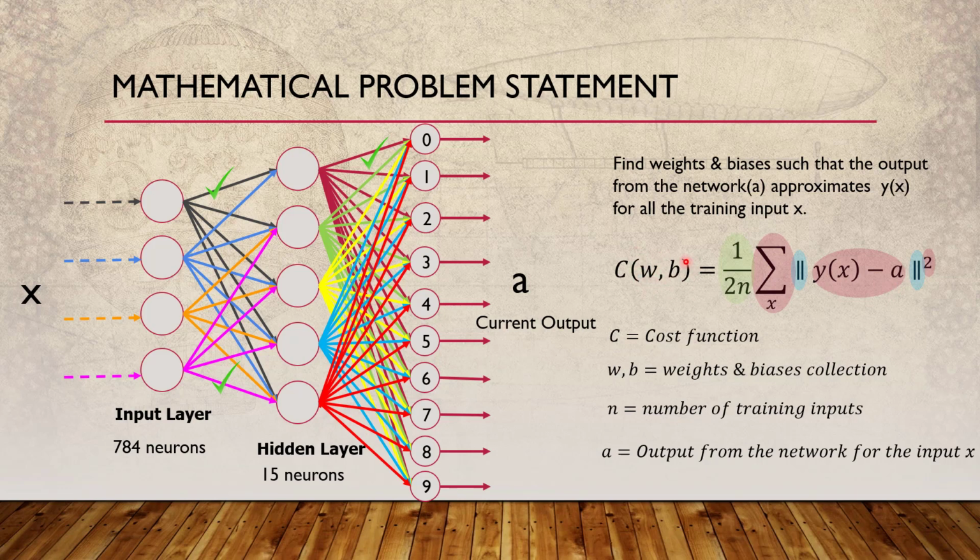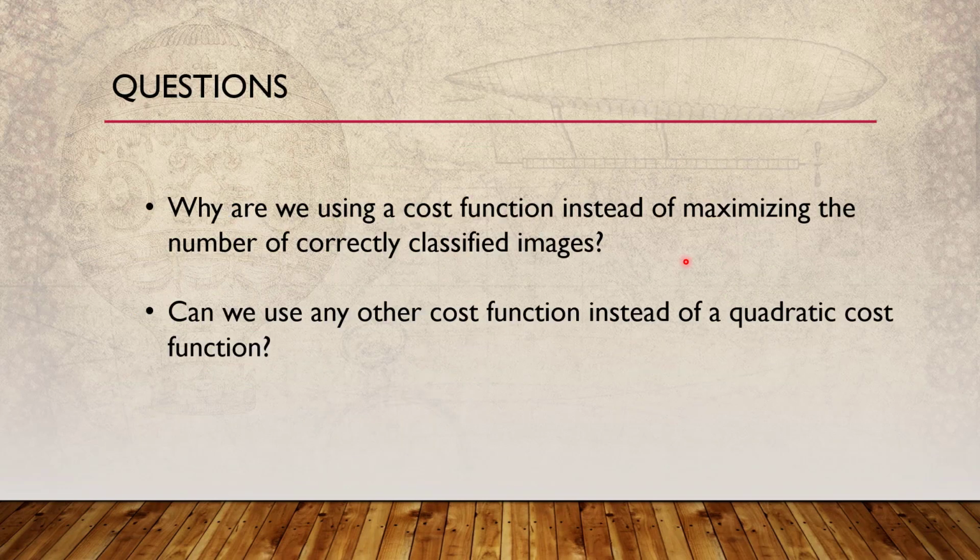We'll see how it goes, but at least we understand why we are using a quadratic cost function for the optimization. Can you use any other cost function instead of this quadratic cost? I think yes. We will see in the future how to use other cost functions as well.